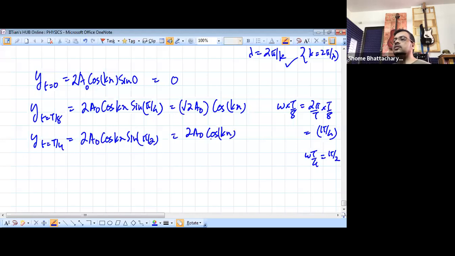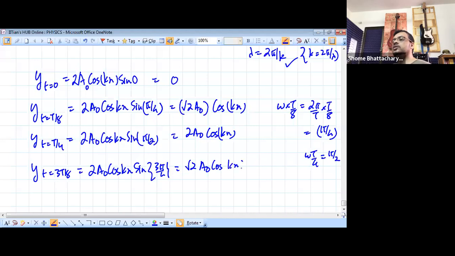Then again, we look at it at, let's say, 3T by 8. This will become 2a naught cos kx sin 3 pi by 4. So that's again root 2, so this will become root 2 a naught cos kx. Then again, we look at it at, let's say, T by 2.